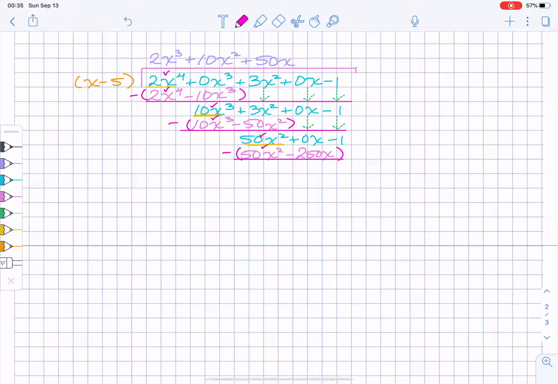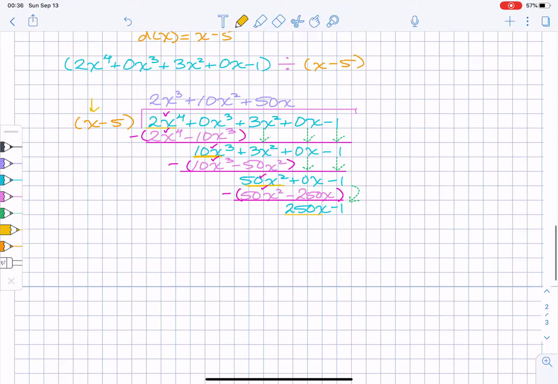So the 50s go away, and 0 plus 250 will be 250x. Let's drop down the negative 1. Minus 1, and we start again. What do I need to multiply x by in order to get 250x?